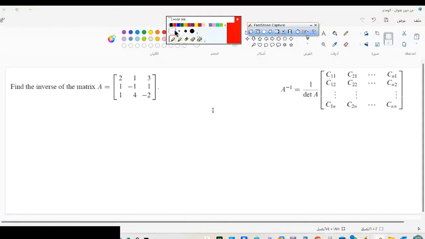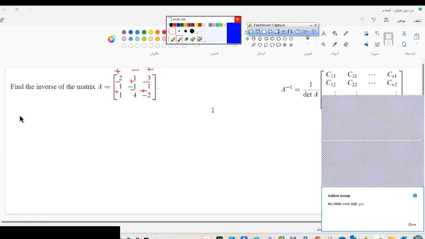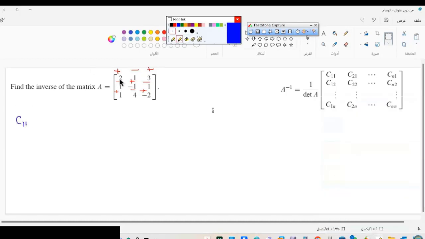Return back to the previous week or 2 weeks before, the sign is positive. Do you remember this? Now, C11 for this, it is positive.